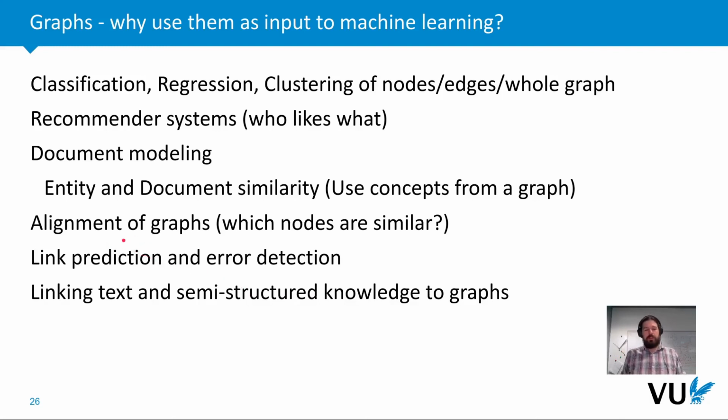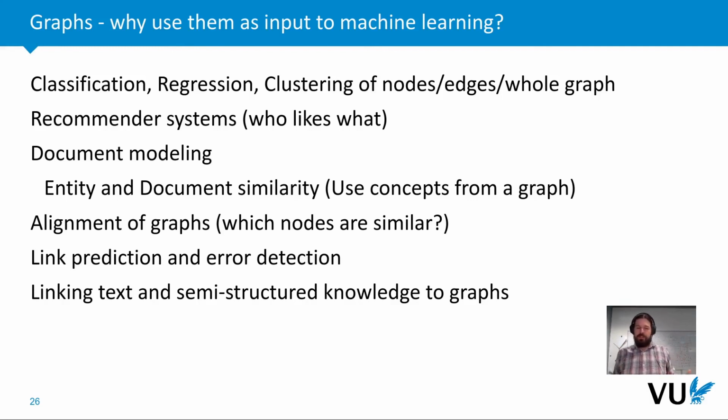One more which is mentioned here is the alignment of graphs. For example, you would have two different graphs, and you want to tell whether two nodes, a node here and a node there, are actually similar to each other. So you want to align those graphs in a certain way. It could be used, for example, if you have two molecules, a protein and something which can bind on that protein, to see where that exactly could match.